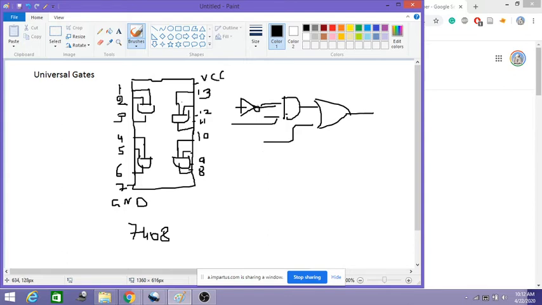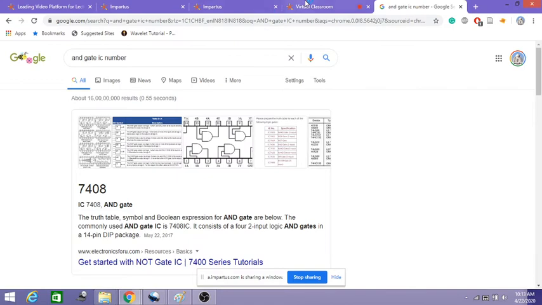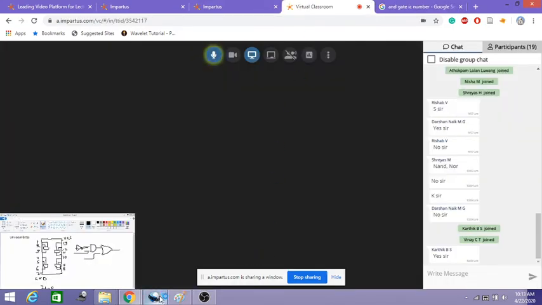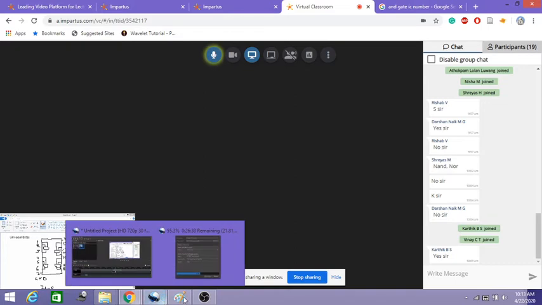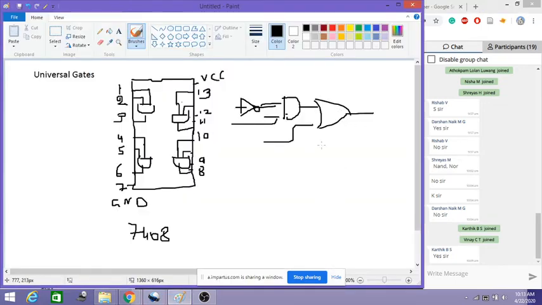I used only one gate from the NOT gate IC, only one gate from the AND gate IC, and only one gate from the other OR gate IC. So it means I am using 3 integrated circuits to form this. I am only partially using them. Out of these 4, I am using maybe only this one, but the remaining will be unused.